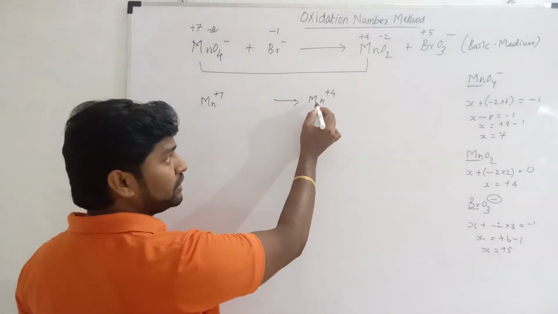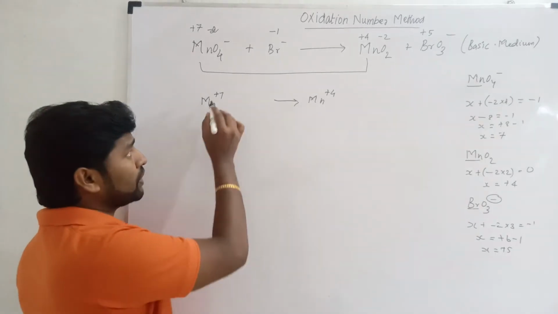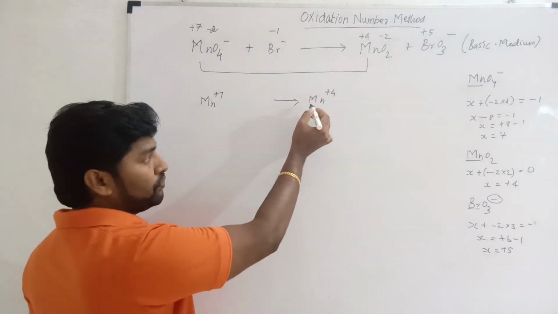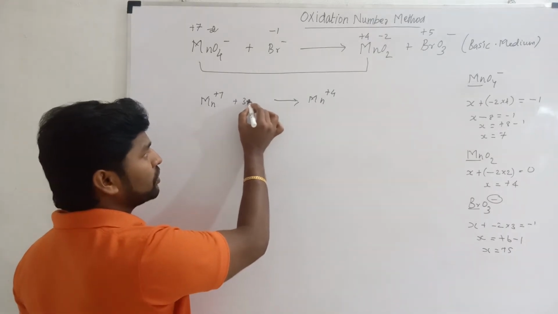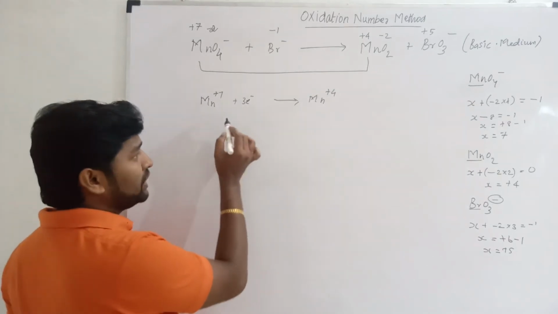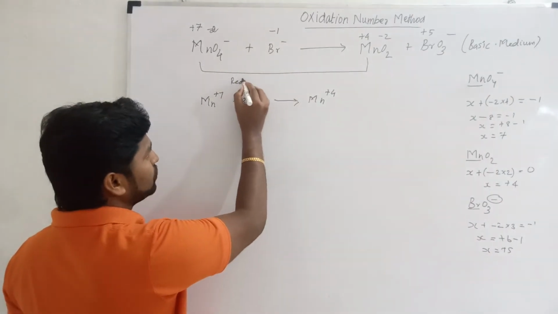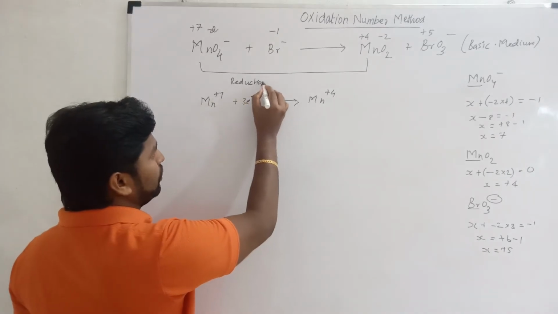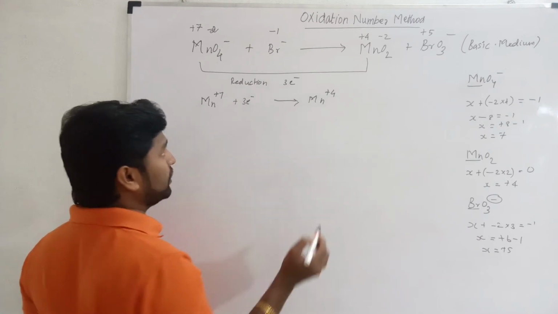After the reaction, Mn has lost only 4 electrons. It means that from this state, to become this state, it has to gain 3 electrons. Then only it can become Mn +4. So it is gaining electrons, so it is a reduction. This process is the reduction. How many electrons is it gaining? 3 electrons.